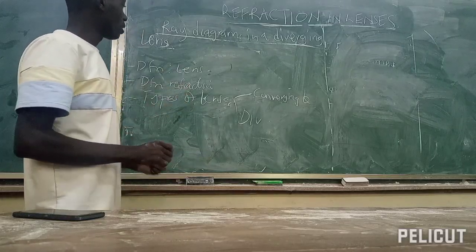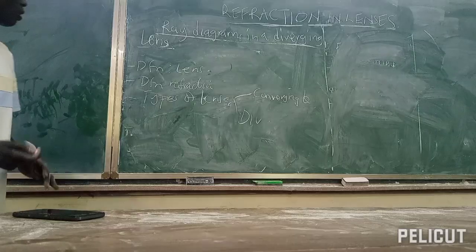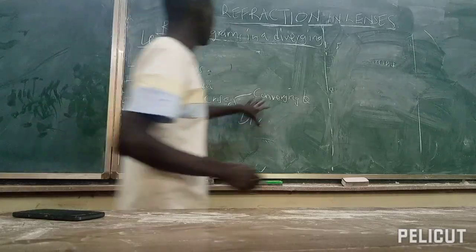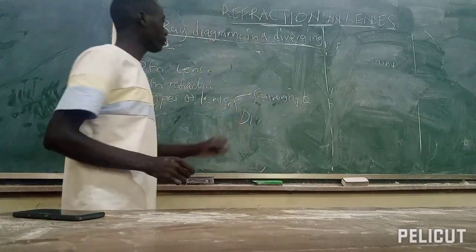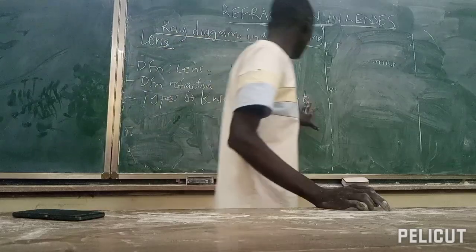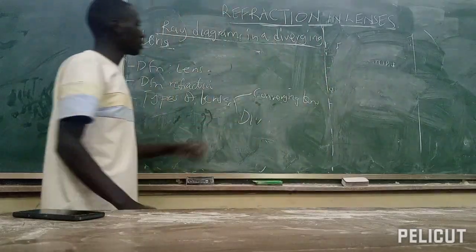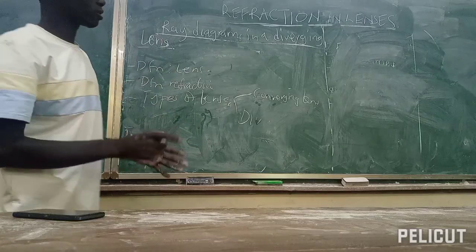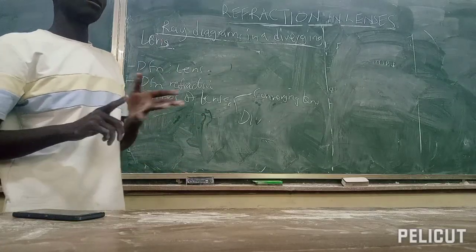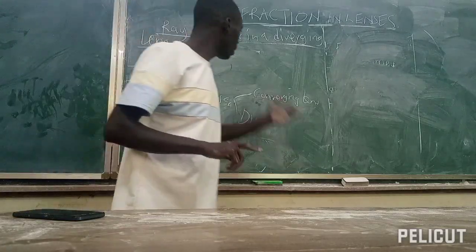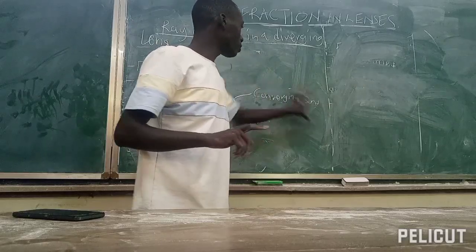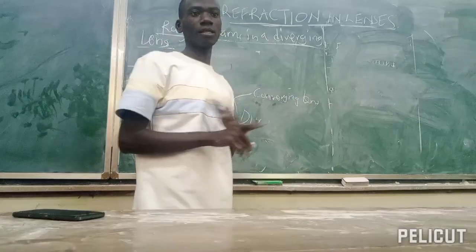Then we went on and looked at the ray diagrams for all these types of lenses, and we started with a converging lens, where you said you can look at different points. The object can be placed at different points on the principal axis of a converging lens.